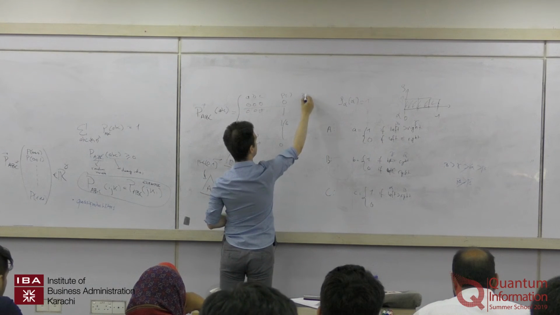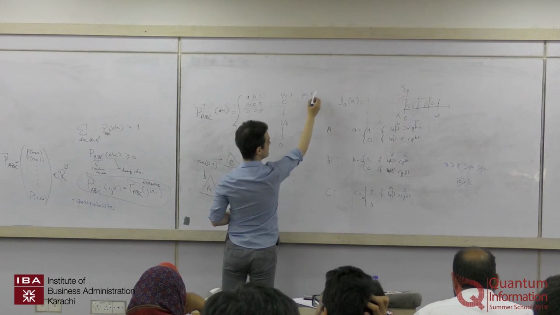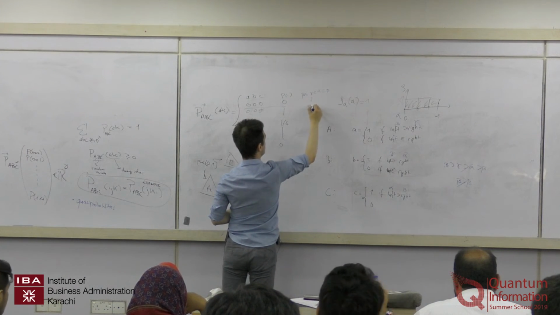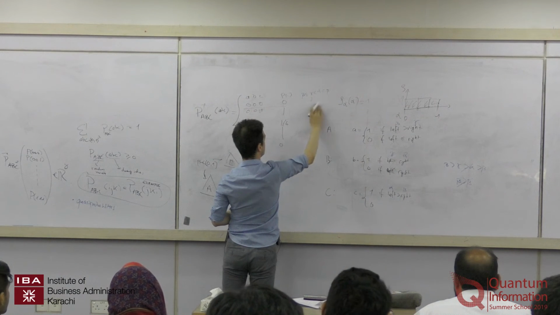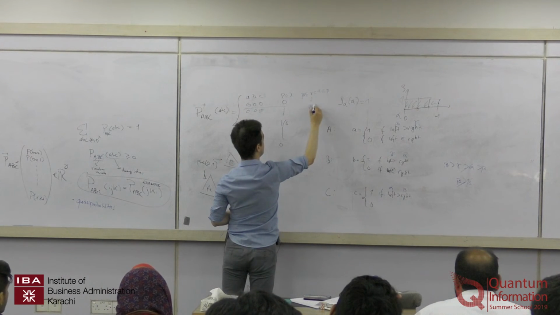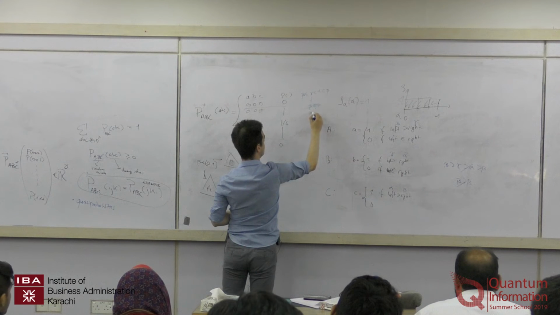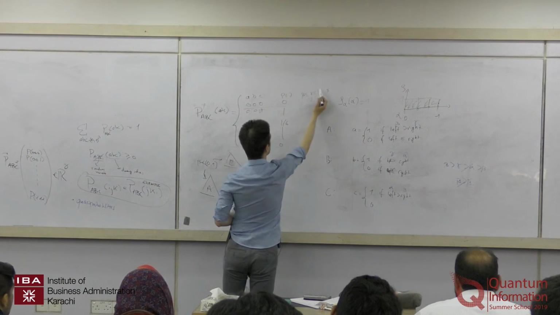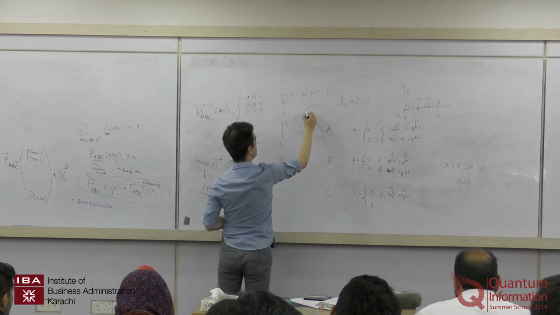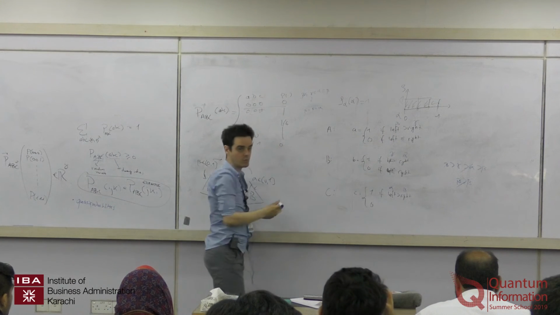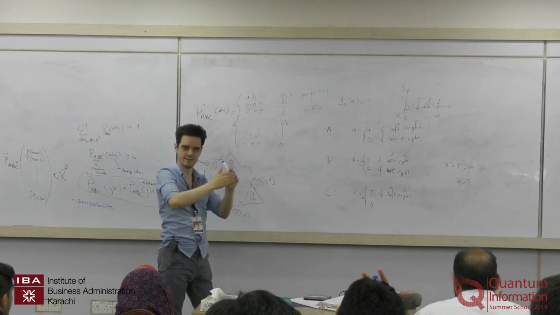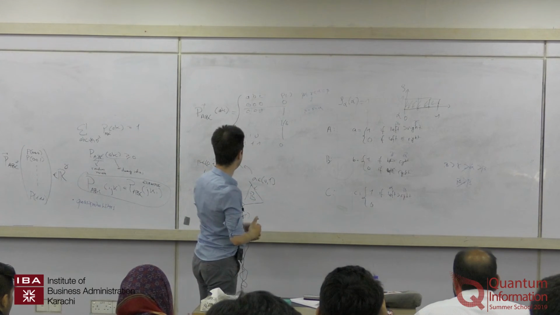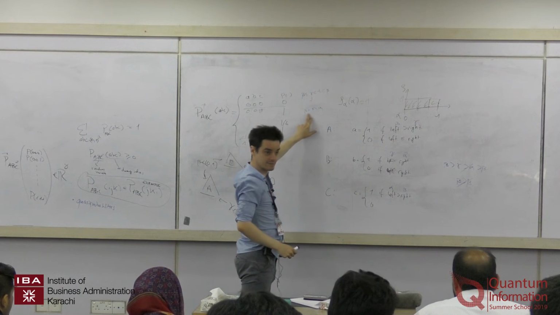That means beta is less than or equal to gamma, gamma less than or equal to alpha, alpha less than or equal to beta. If they are all smaller or equal, then they must all be equal, because they will all be in the interval between beta and beta. So maybe there is a chance that this happens.